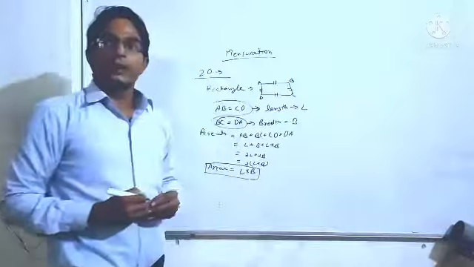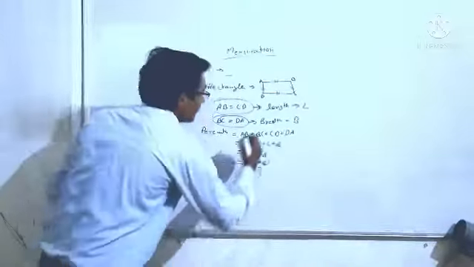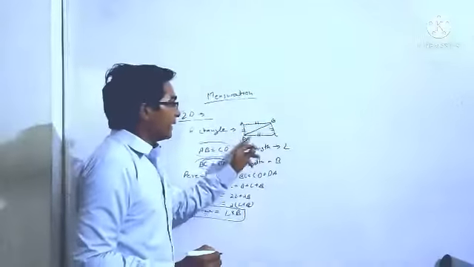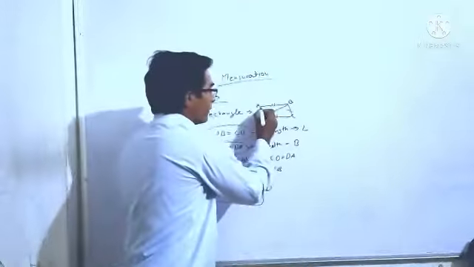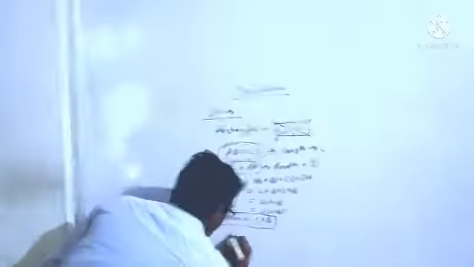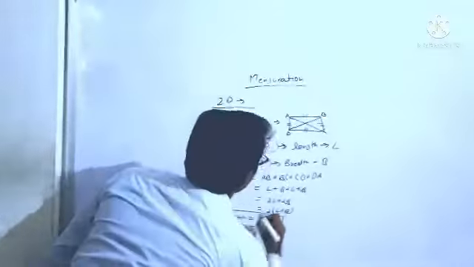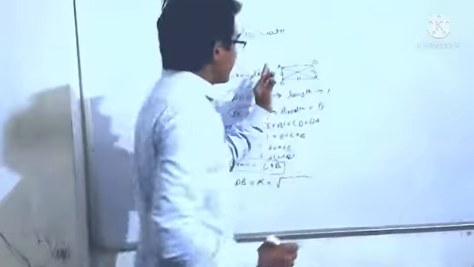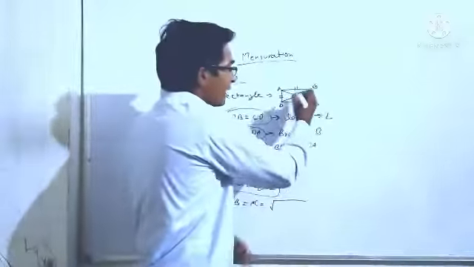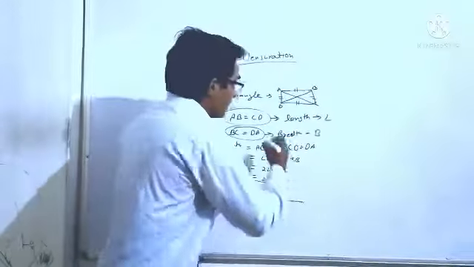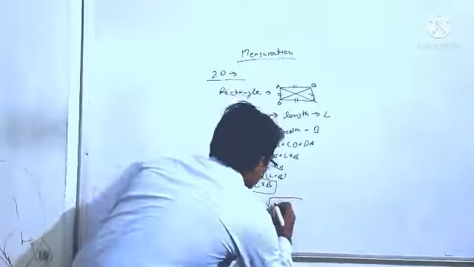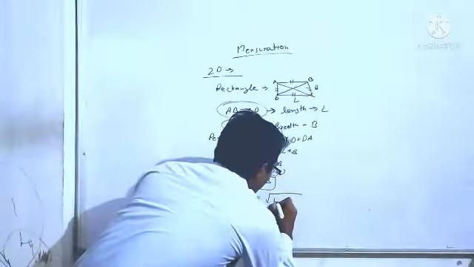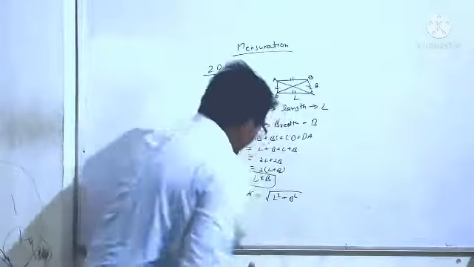And its diagonal will be like this, and again its diagonals DB and AC will be the same. This side is denoted as B and this is L. So the diagonal is root of L square plus B square.